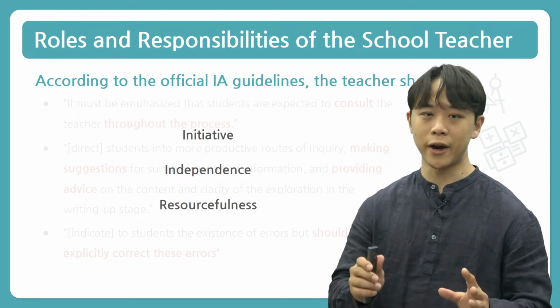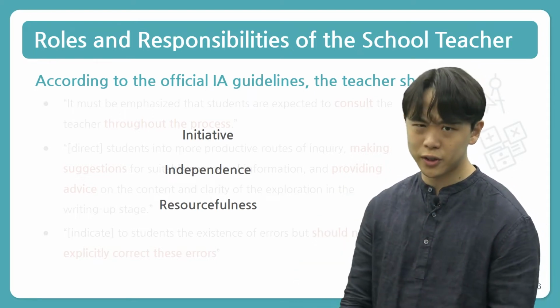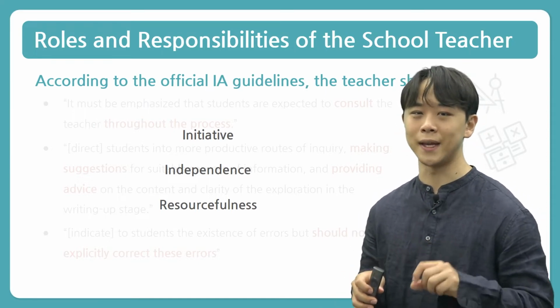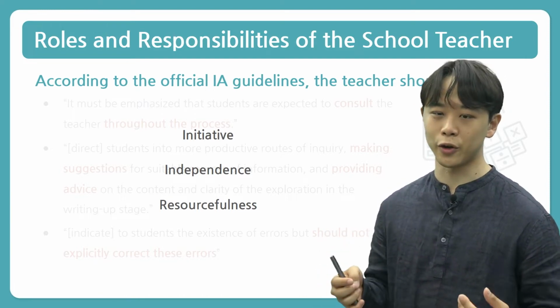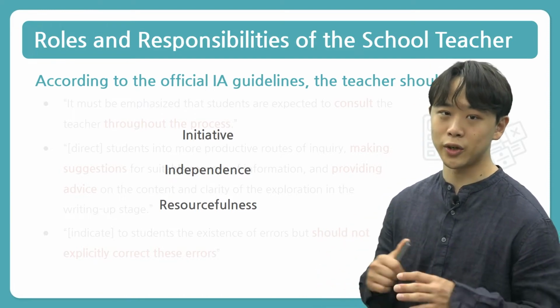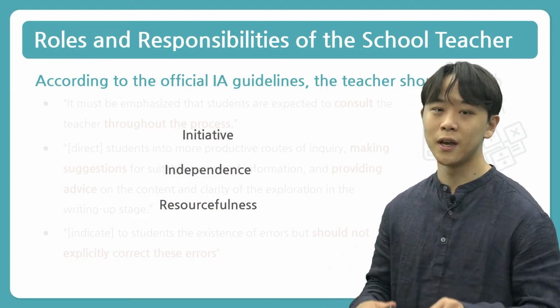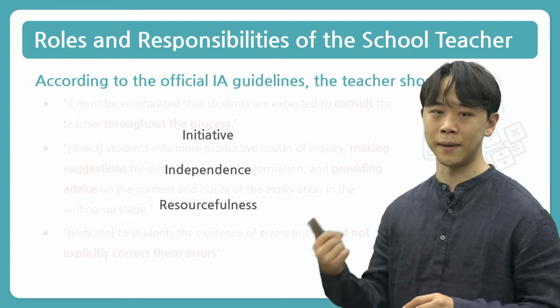The teacher is there, but they can only help so much. So the student has to ask the right questions to elicit the proper help they need from their advisors. Instead of being a passive learner, I would recommend that students take the initiative and become an active learner. Ask the right questions, figure out what you need to do in order to fulfill your IA's aim.